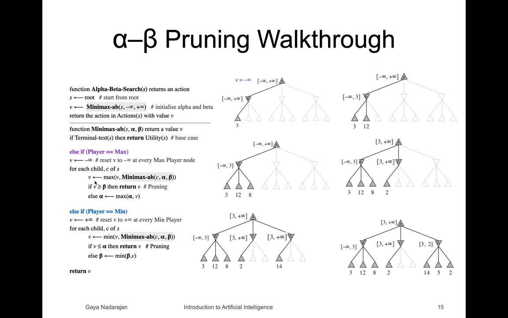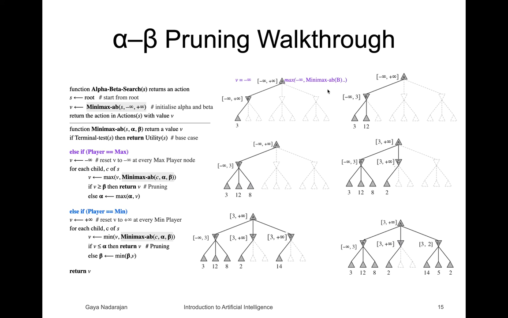We're going to say that V is the max of V, which is at the moment minus infinity, and the minimax AB of the first child. So we're doing this for every child. So first we're going to just look at B. Okay, so it's the minimax AB of B with the values of alpha and beta, which I didn't bother to write here because you can see them here. Okay, so far so good.